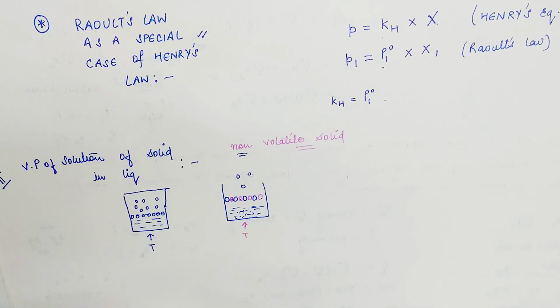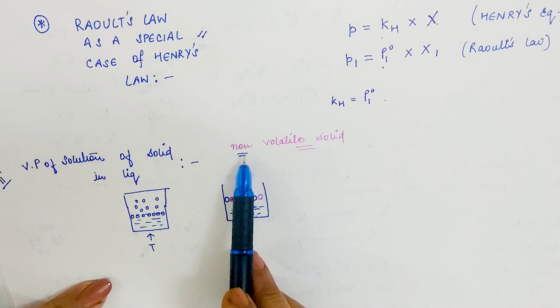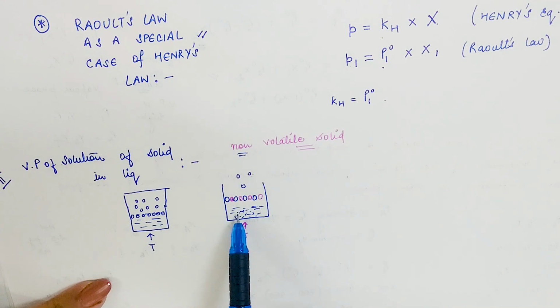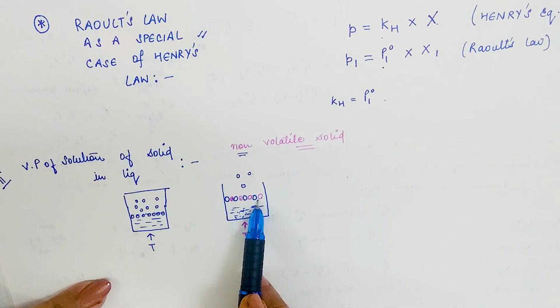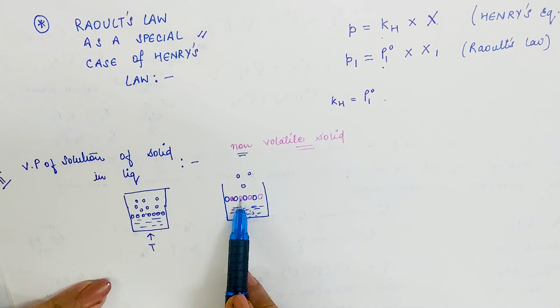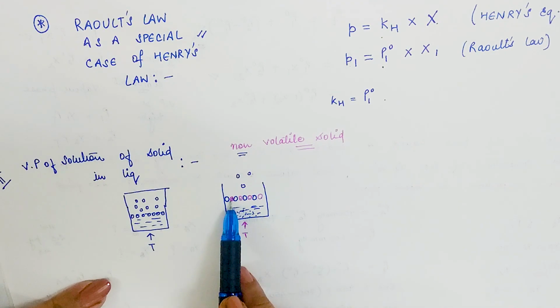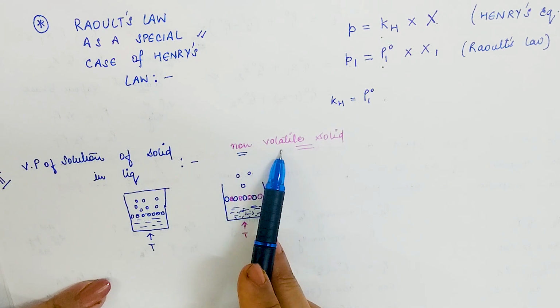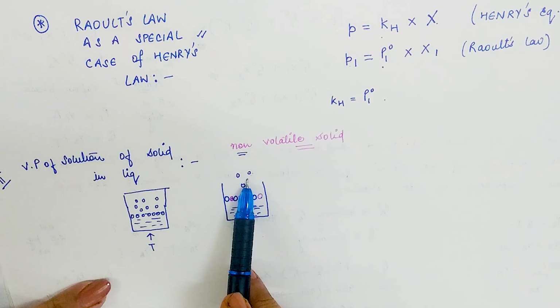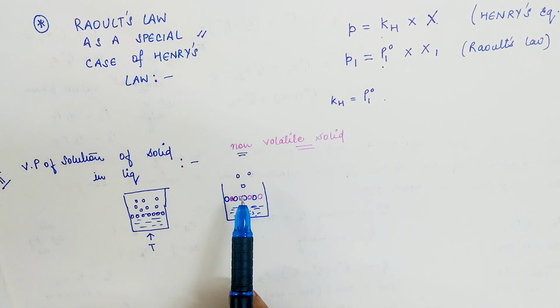We'll deal with this in colligative properties also, but just remember one point. This non-volatile solid which we are adding in this liquid is lowering the vapor pressure. Is it clear why? Because when you heat it, it also comes to the surface, but it cannot come out because it is non-volatile. So vapors are not formed by it and it hinders the path, so it reduces the vapor pressure.